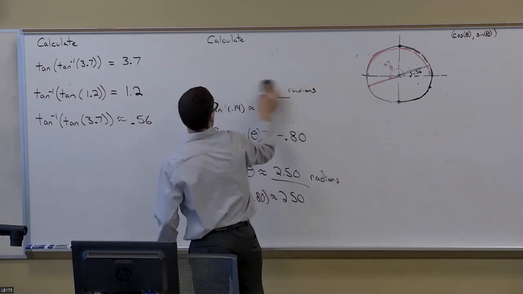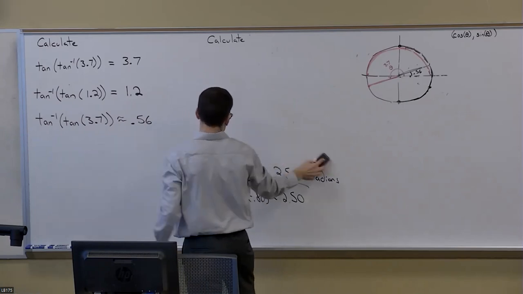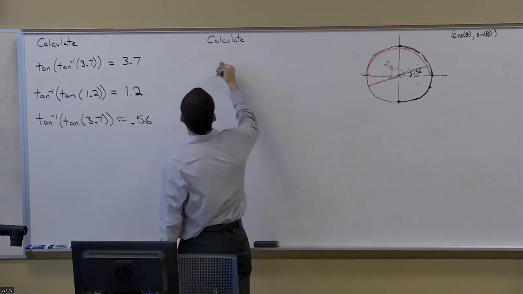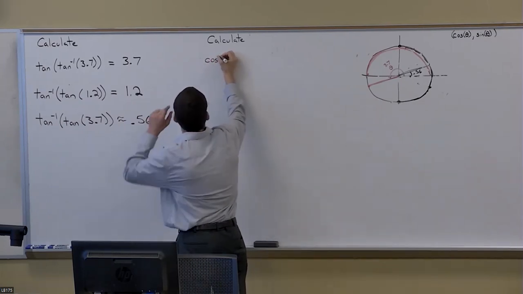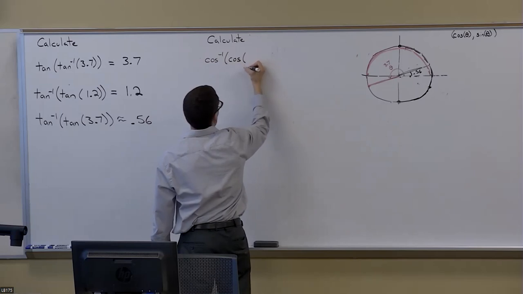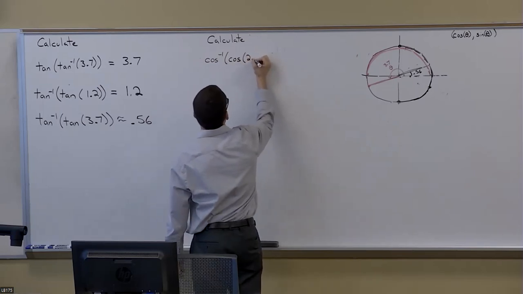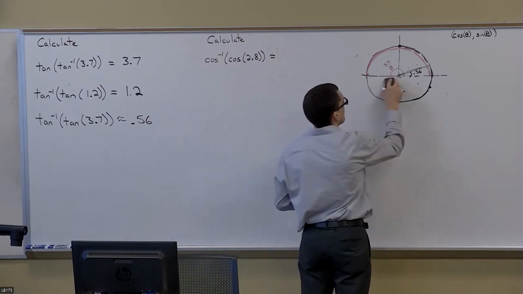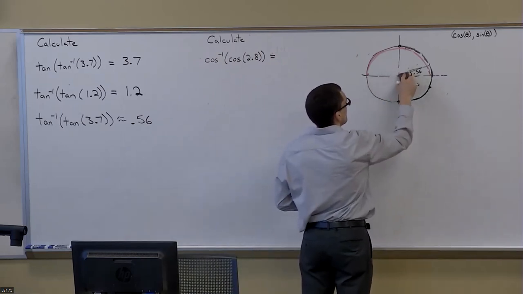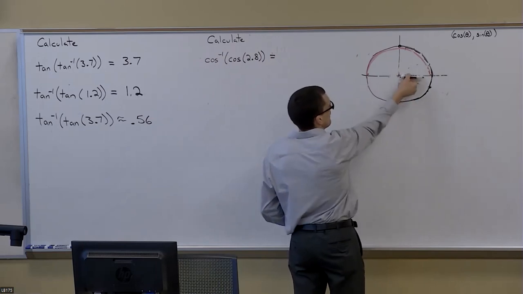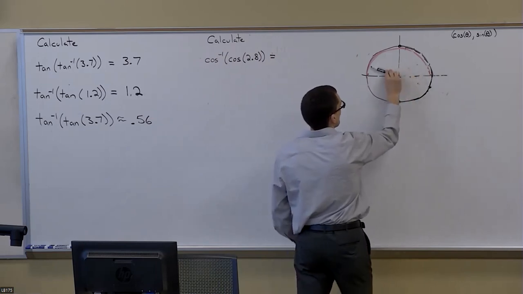So if I said, we're still calculating, let's calculate cosine inverse of cosine of 2.8. Two point eight is in quadrant 2.